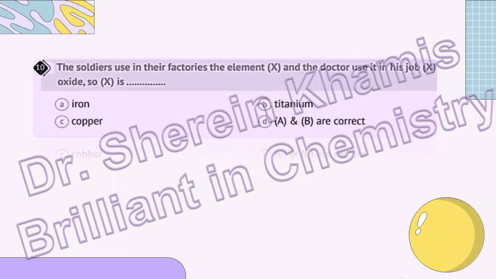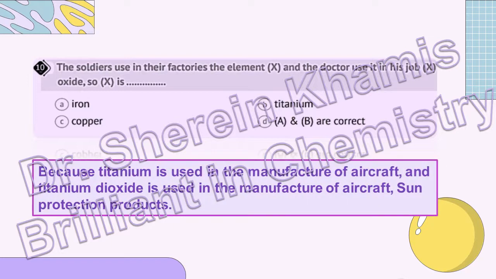We have one of the strongest elements, used in the manufacture of aircraft, and also in the form of dioxide used in sun protection products. We have titanium used in the manufacture of aircraft, and also titanium dioxide used in sun protection products. So it will not be iron, copper, or A and B. So the right answer here will be titanium, letter B.